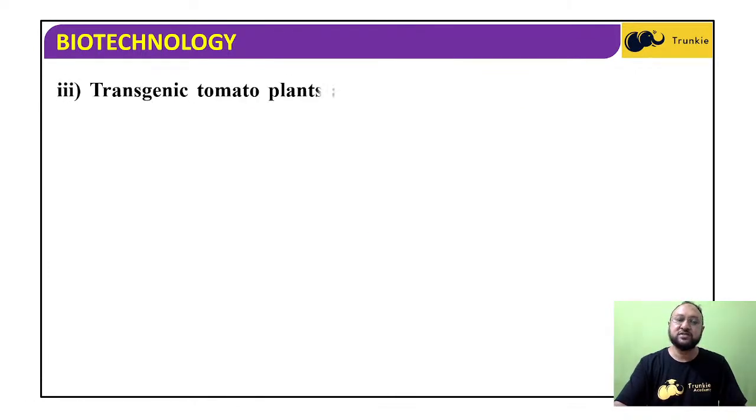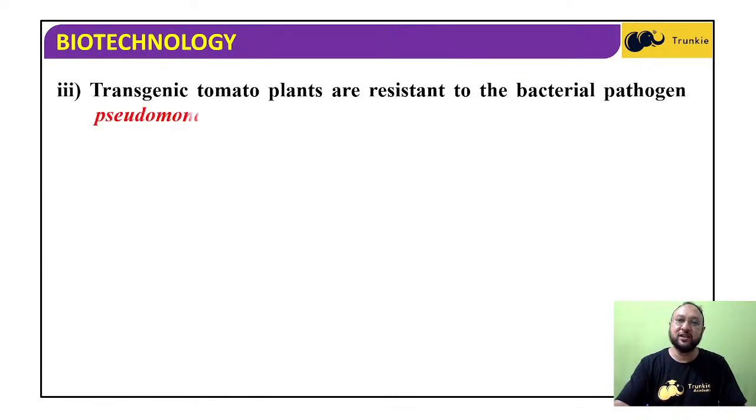Transgenic tomato plants are resistant to bacterial pathogens. Pseudomonas is another type of bacteria that causes diseases in the tomato plant, and the tomato plant has been produced with the help of this biotechnology.